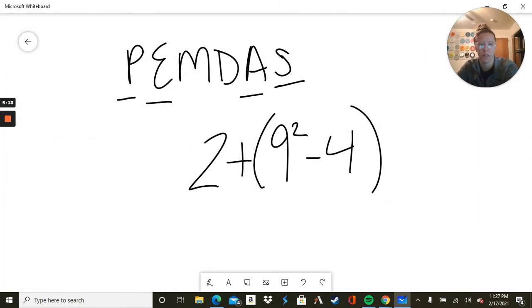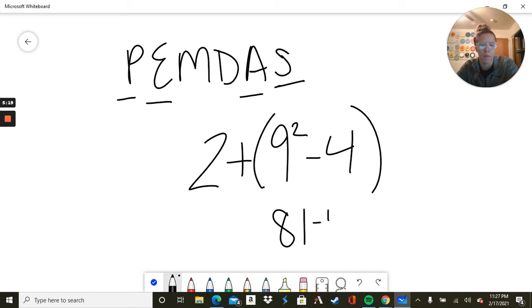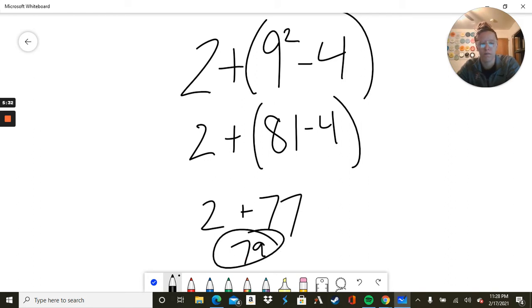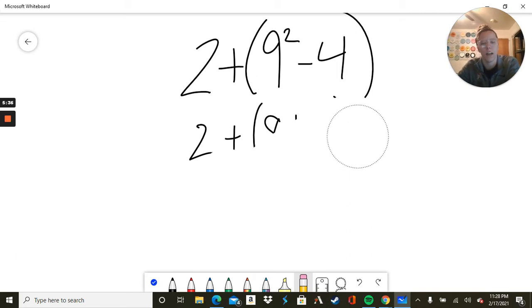So if you'd have another set of parentheses, you'd do what's in those parentheses. So 9 squared is 81, we just learned that, minus 4, still in parentheses. 81 minus 4 is going to be 77. And finally, plus 2 is 79. All right? Wasn't too bad.